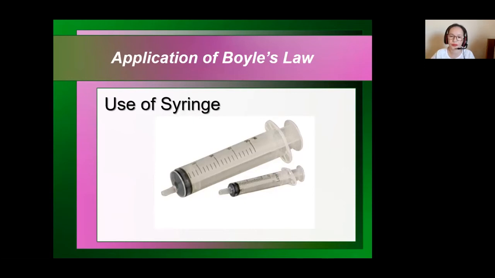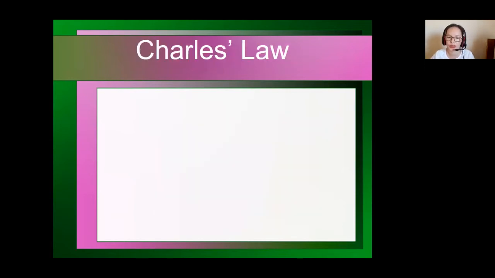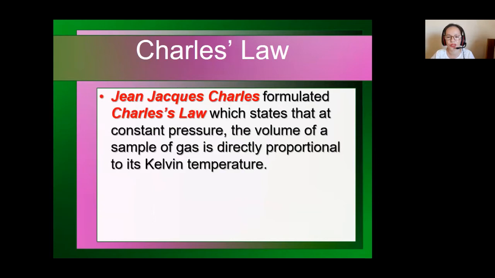Okay? So another gas law that we need to talk about is Charles' law. It's Jacques Charles who formulated Charles' law, and here he described the relationship of volume and temperature.